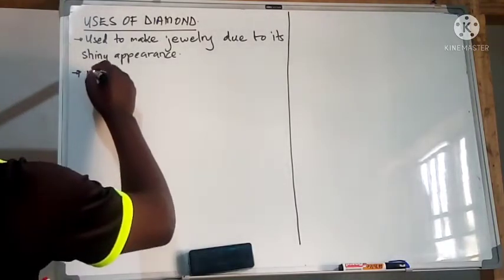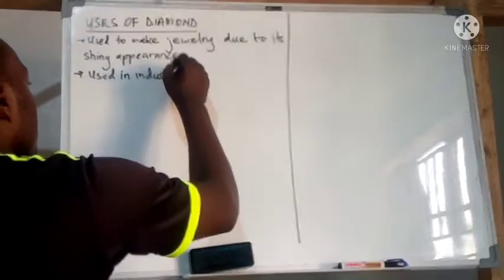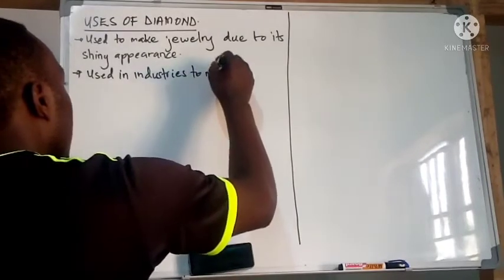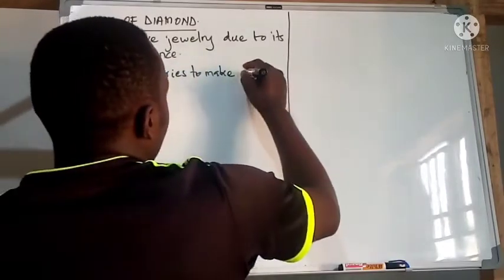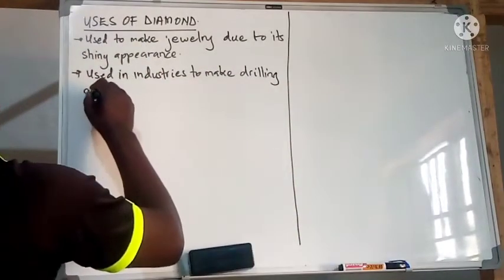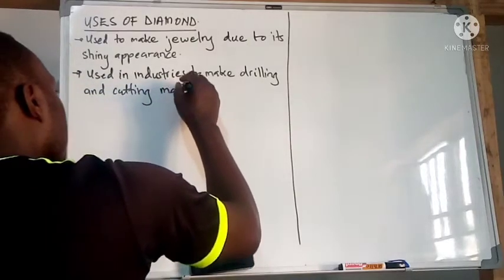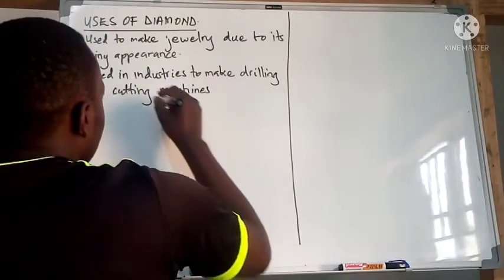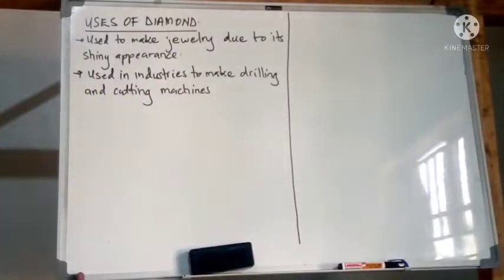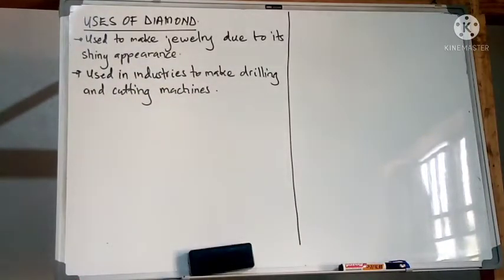So it is used in industries to make drilling and cutting machines, among others. So those are some of the uses of diamond we can phrase here.